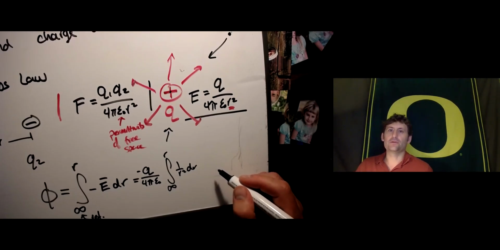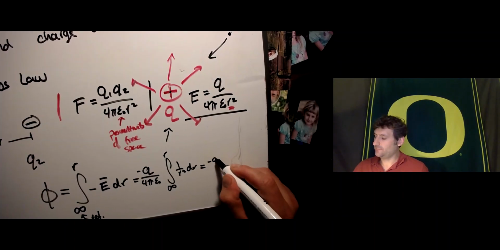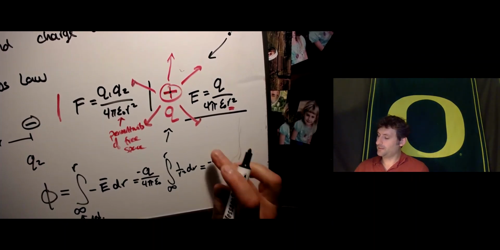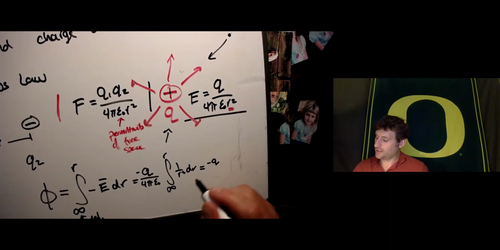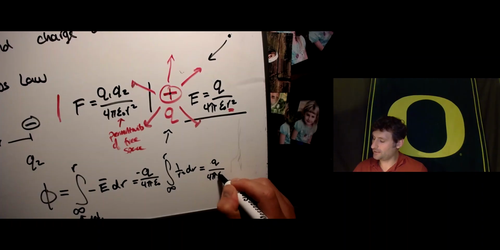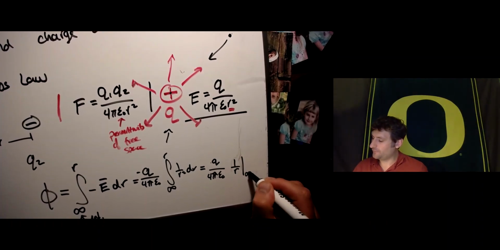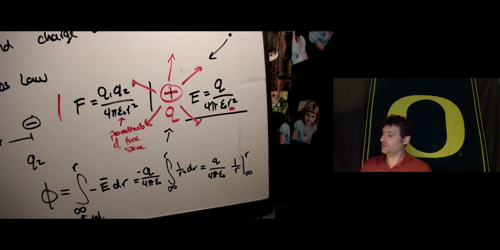So the integral of 1 over r squared is just going to be 1 over r. So this equals negative Q, or actually the negative will cancel out when I integrate this. It's going to be Q over 4 pi epsilon naught, 1 over r, from infinity to position r.